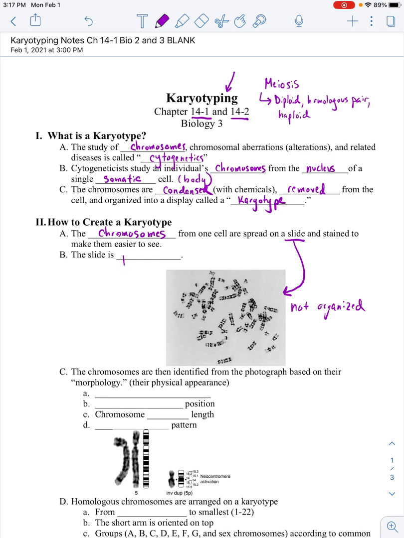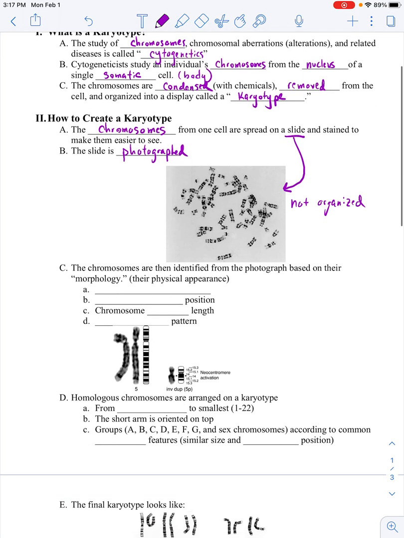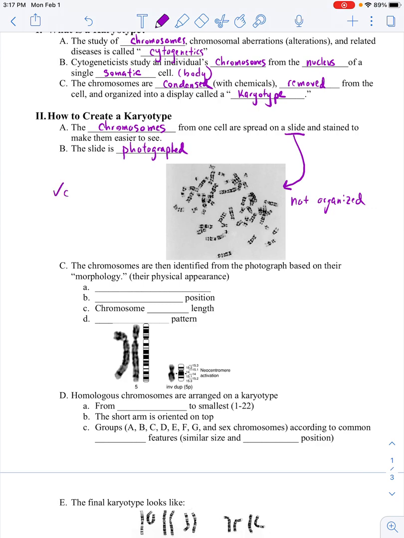The slide is then photographed. And now we have computers that can greatly speed up this process. The homologous pairs can then be put together.